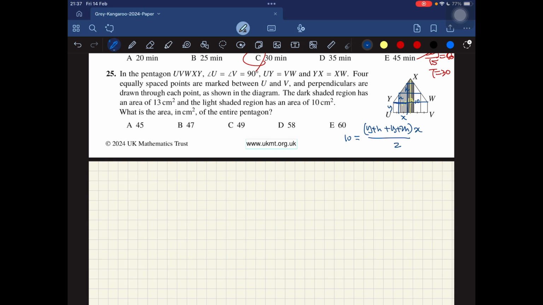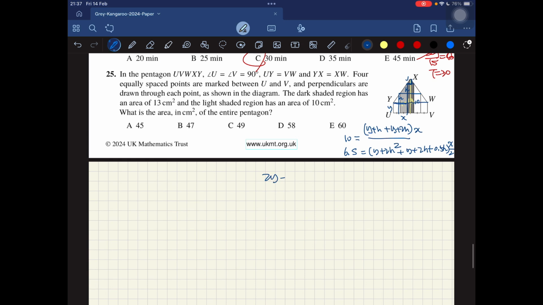And the next one is here, this is half of the h, because this is half of the h. So 6.5 becomes y plus 2h plus y plus 2h plus half h, over 2 and x, like this.